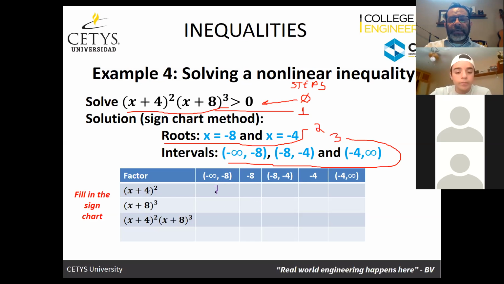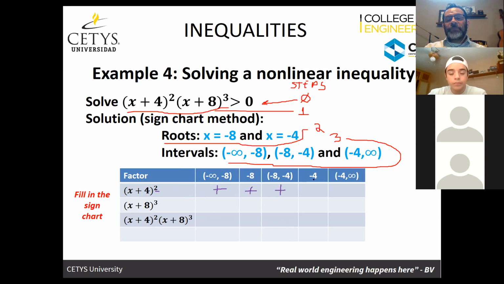Now, Jesus, let's stay with you. If this is elevated to the square, what's going to happen with the rest of the things? If I substitute minus 8, what am I going to get? Well, it's all positive, right? Correct, Jesus. It's always going to be positive because I'm elevating it to an even power. So that helps me out, because anything I substitute, even if I grab this other interval here, is also going to be positive.